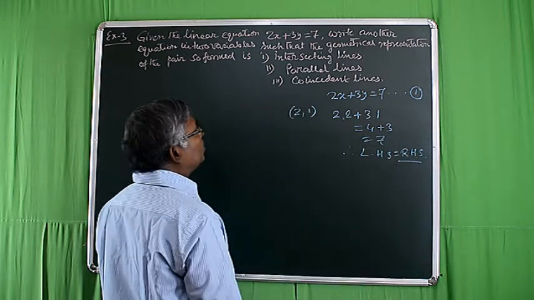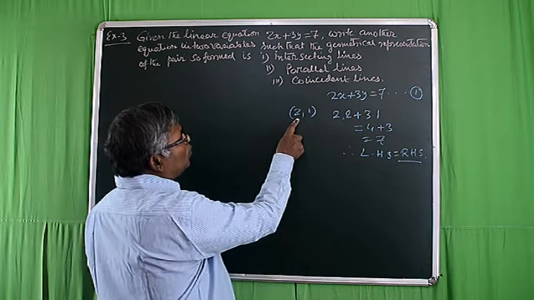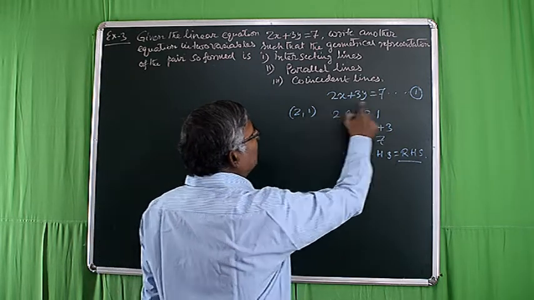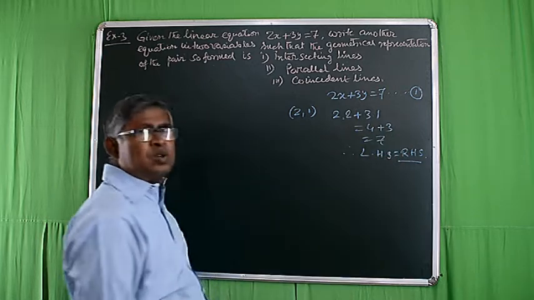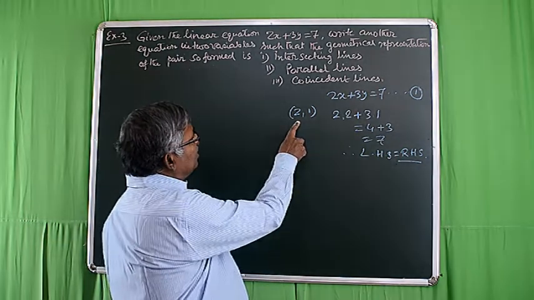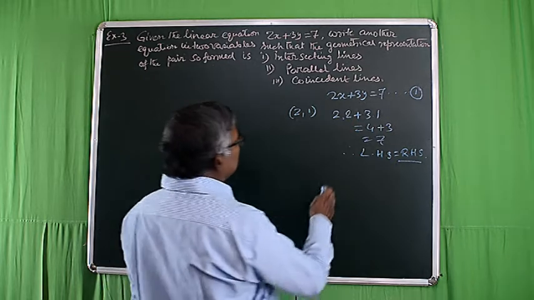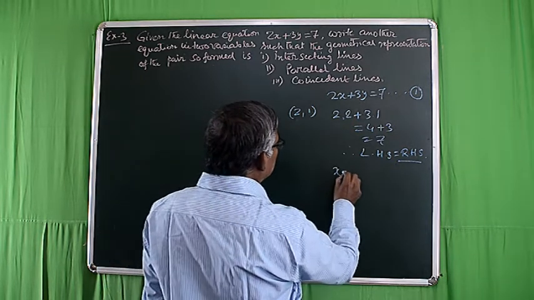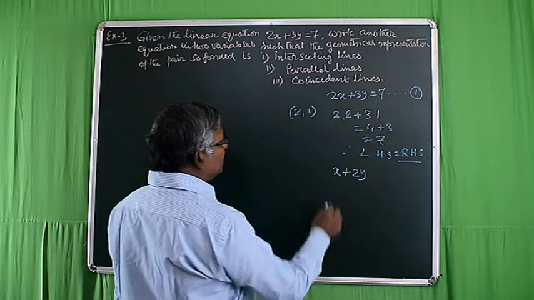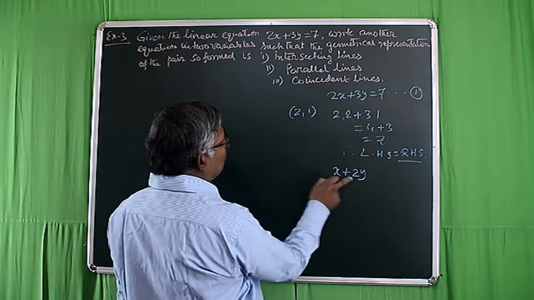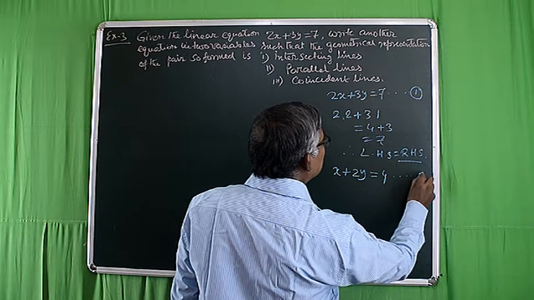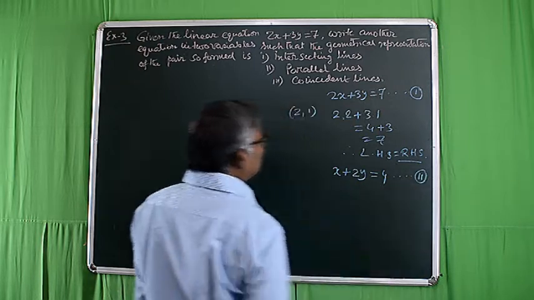Therefore the point (2, 1) lies on the straight line representing equation 1. Now let us construct another equation which also passes through the point (2, 1). Suppose the equation x plus 2y. So we get it is 2 plus 2 equal to 4. So consider it is equation number 2.